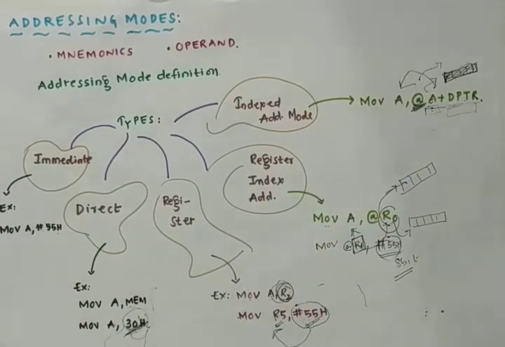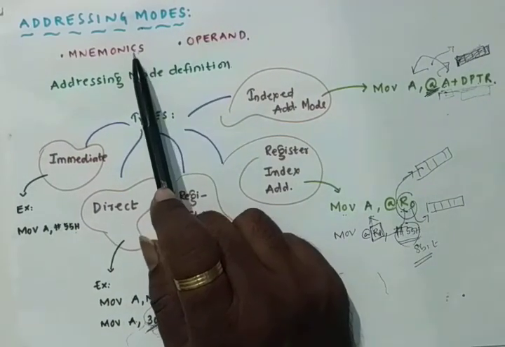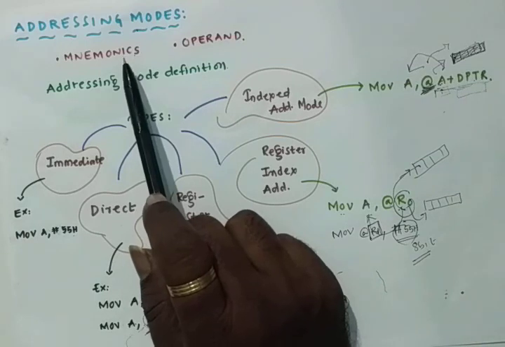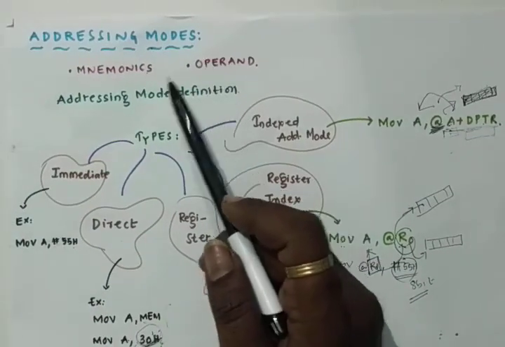The 8051 has a set of instructions, a set of rules specified by the 8051, and each instruction has one particular format with the mnemonic, destination operand and source operand. The mnemonic is the instruction specified by alphabets, and the operand is the data on which we are going to operate the instruction.